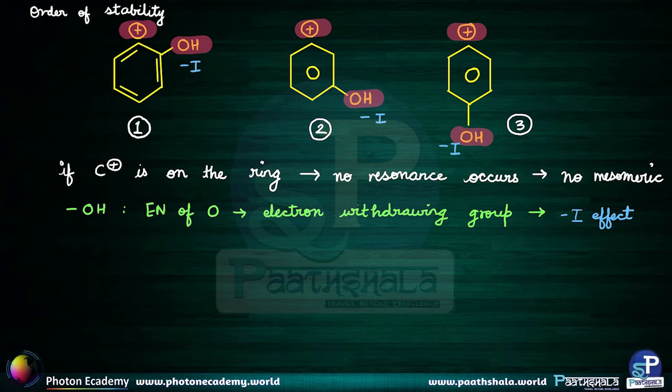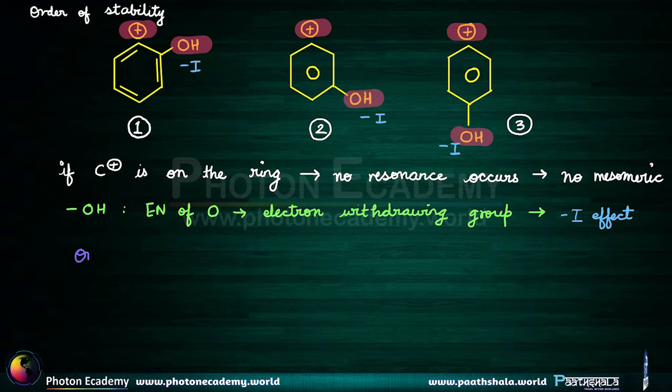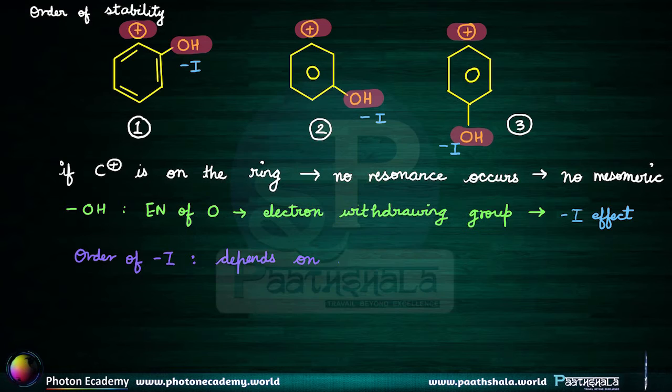Now the order of minus I effect is decided by one factor: it depends on distance. The more the distance from the carbocation, the lesser the minus I effect.